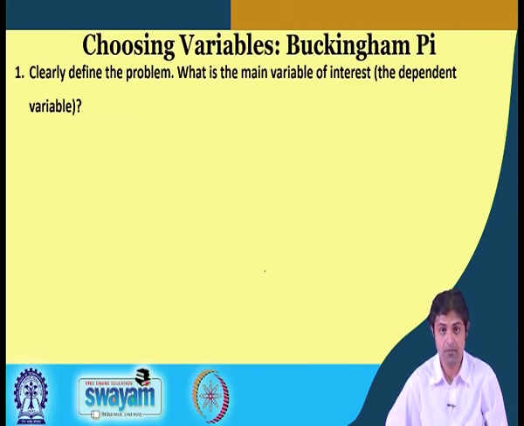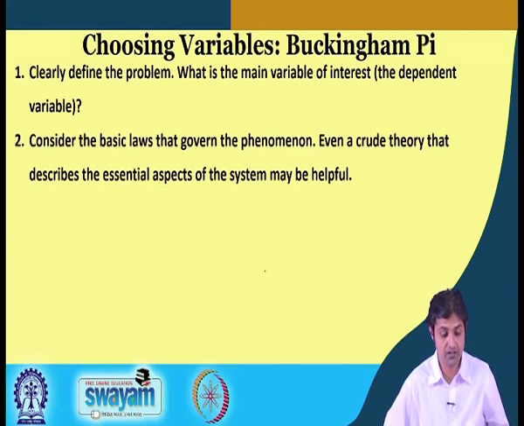In the example that we have solved, the time period was the dependent variable, and in the pipe flow problem that we have done before, the pressure drop per unit length was the main variable of interest. Now, consider the basic laws that govern the phenomenon.